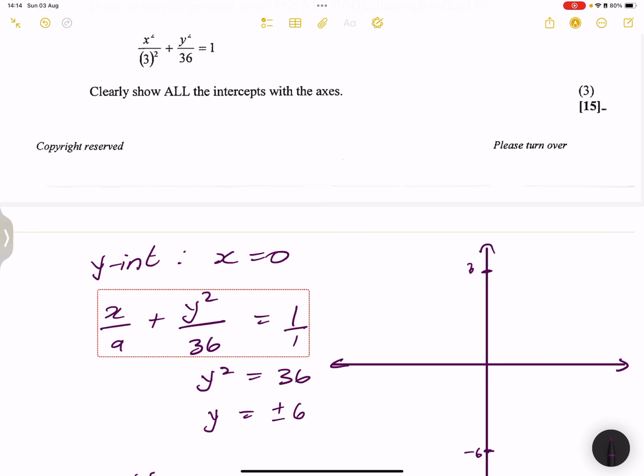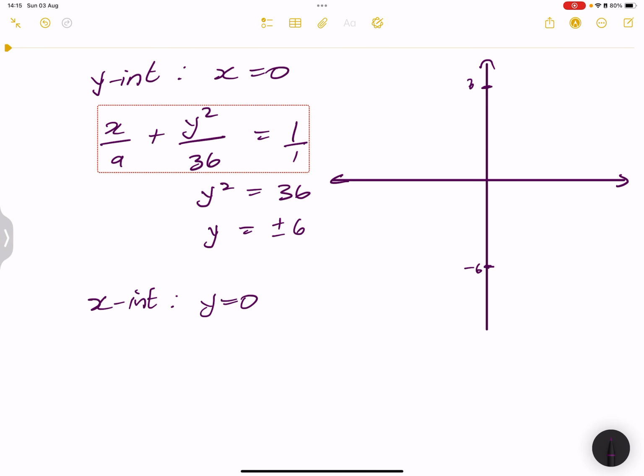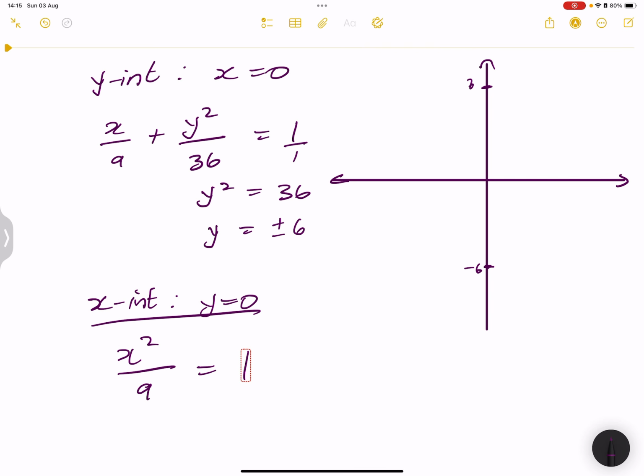So in this case, I'm going to be left with x squared over 9 is equal to 1 if I make y equal to 0. So that means that x again is going to be plus or minus 3. Remember, you are cross multiplying there. And so you get x squared is equal to 9, and so when you take the square root, x is equal to plus or minus 3.